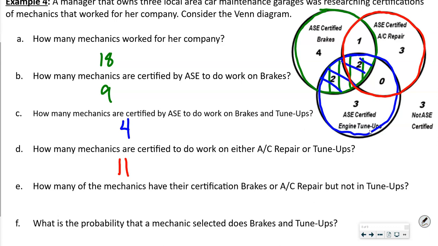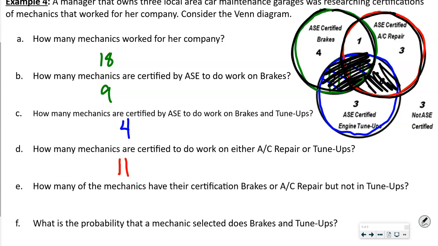So we're counting brakes, AC repair, but we don't want these people right here. Why? Or if there was somebody in here, we wouldn't want them either, because we don't want the people that do tune-ups, okay? So now what we're going to count is the 4 plus the 1 plus the 3, so that's going to be 8. Everybody see that?